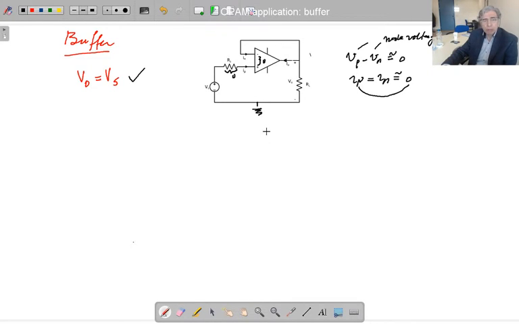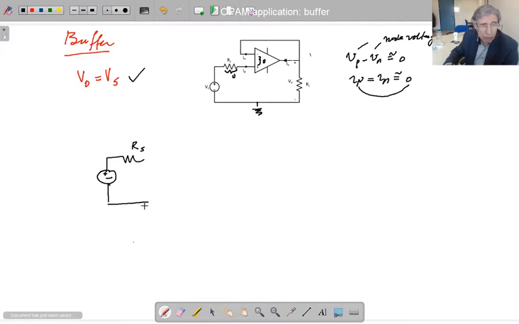The next question: what is the difference between making these voltages equal by a short circuit and by this operational amplifier? So if you consider this circuit as a circuit represented by this equivalent circuit, this is going to be the Thevenin equivalent circuit that we have seen already, isn't it?